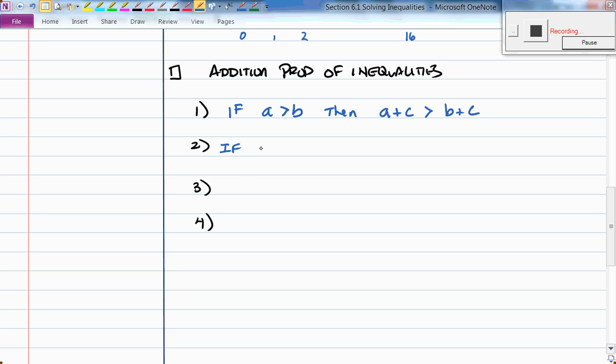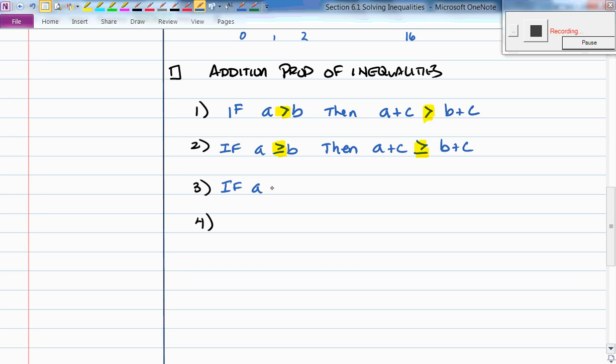Now, if A is greater than or equal to B, then take a guess what's going to happen. A plus C will be greater than or equal to B plus C. You agree with that? So what's the only difference between these two statements? One's greater than, and one's greater than or equal to. You can imagine how the last two go.